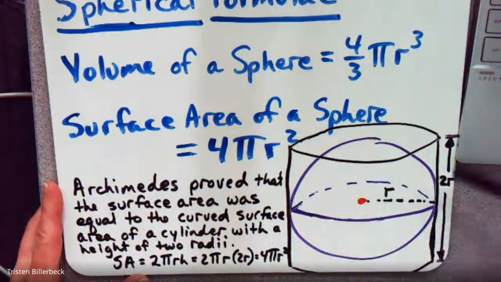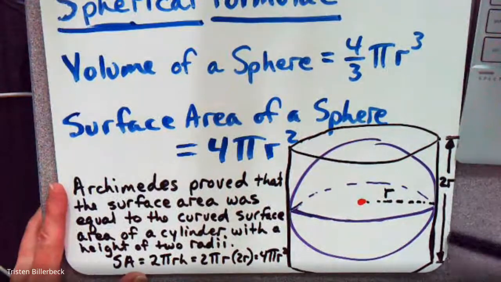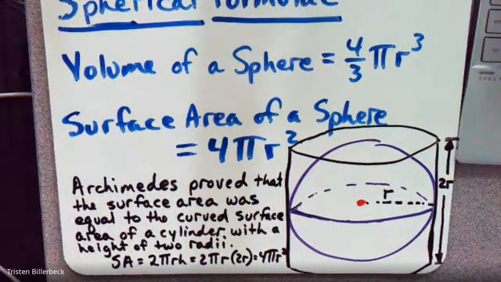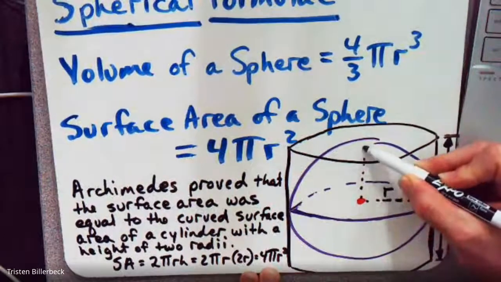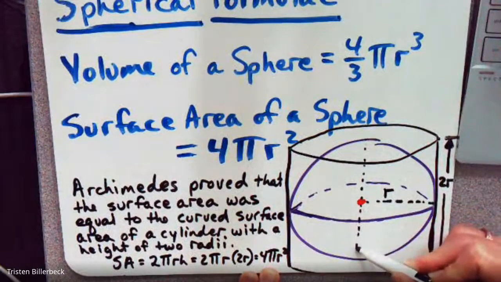So if I have a cylinder as such, but the height of the cylinder is equal to 2 radii. Okay, radii is plural for radius. So 2 radii. So if you think about it, we would have a radius that goes up to here, and a radius that goes down to here.